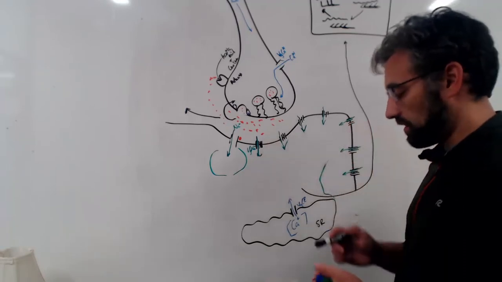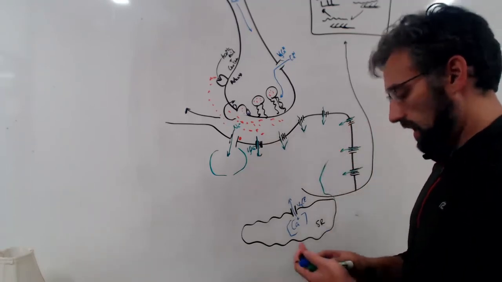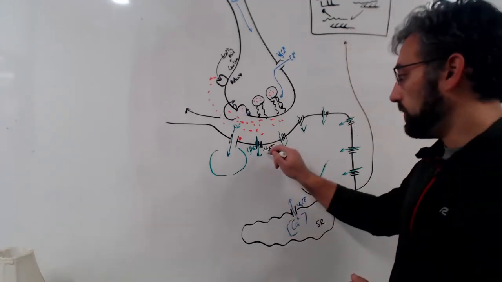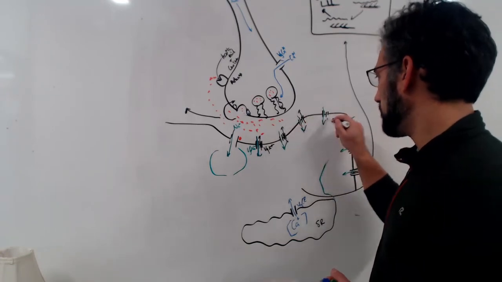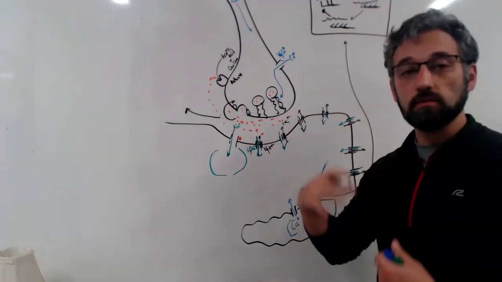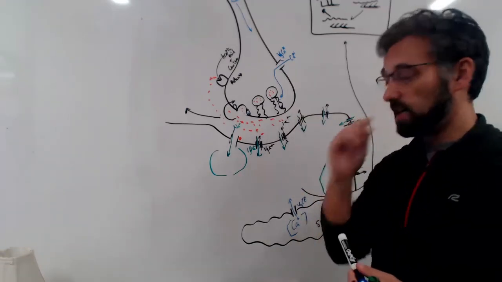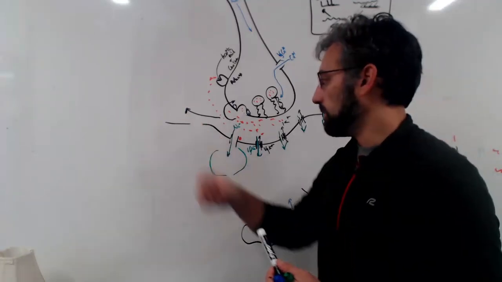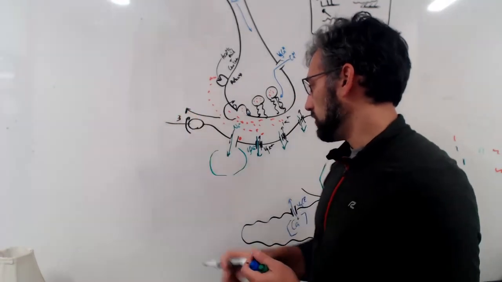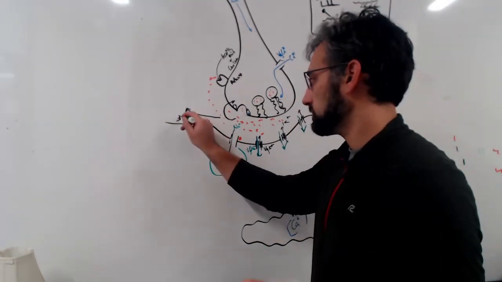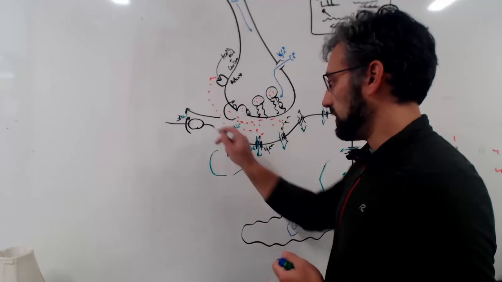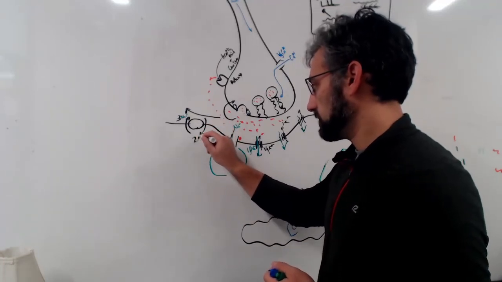At the same time as all of these voltage-gated sodium channels opening, we have voltage-gated potassium channels that are going to open, and potassium is going to go. And that potassium is going to leave the cell because of its electrochemical gradient. That was all set up by the resting membrane potential, that, if we remember, is going to be set up by 3 sodium getting kicked out and 2 potassium coming in.